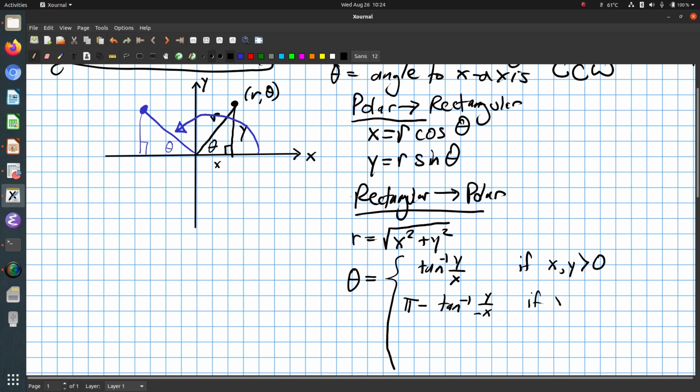If x is less than 0, y is greater than 0. But if you look at this formula, you'll notice I've got a minus in the denominator. The tangent function is an odd function, so that minus comes out.